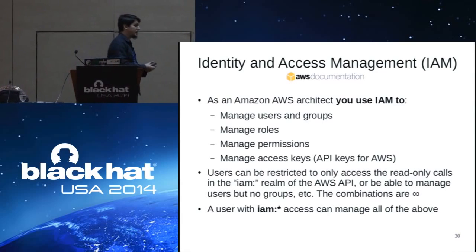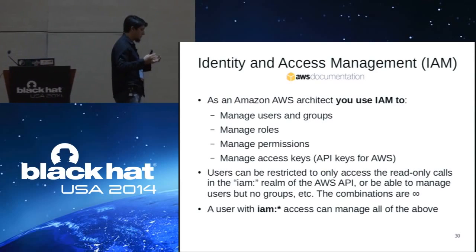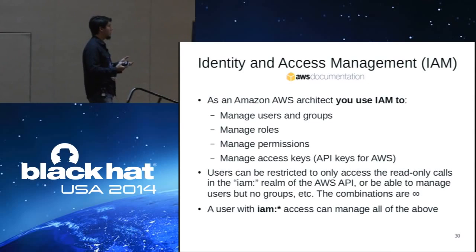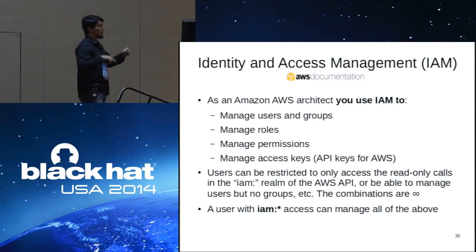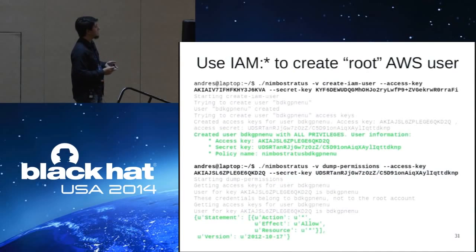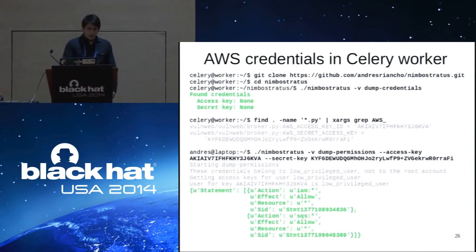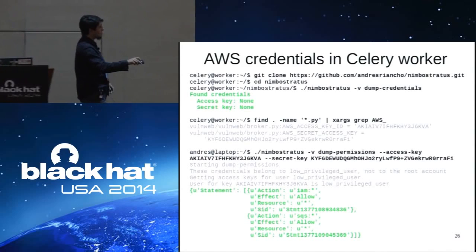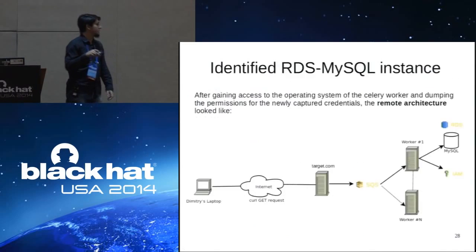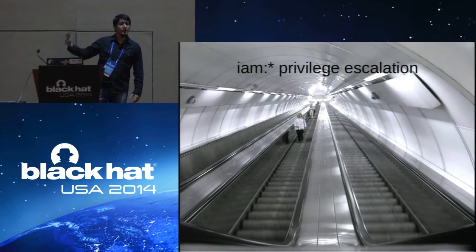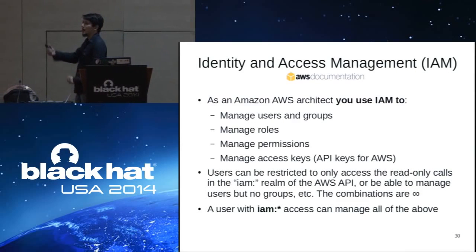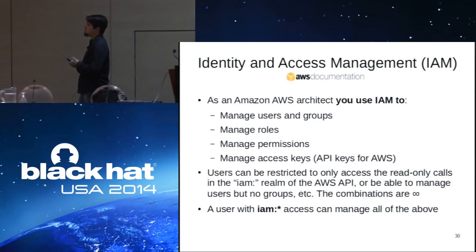Here, by mistake, and this is totally the fault of the guy configuring the permissions, we had access because of this IAM star allow on any resource, to perform any action in the IAM API.